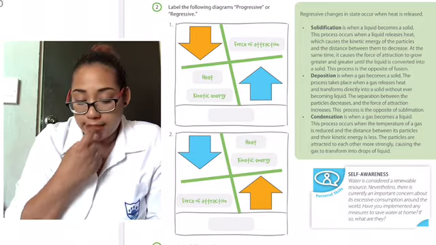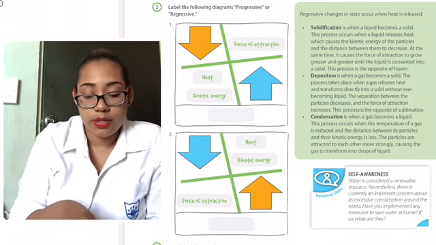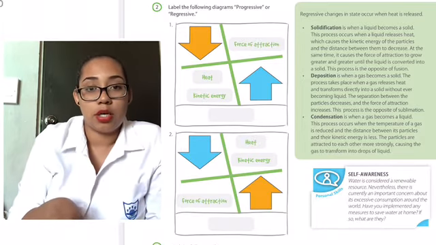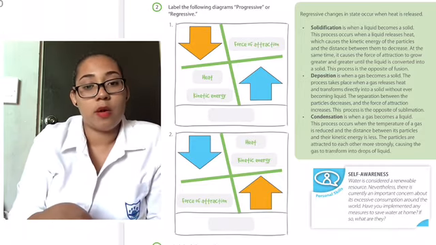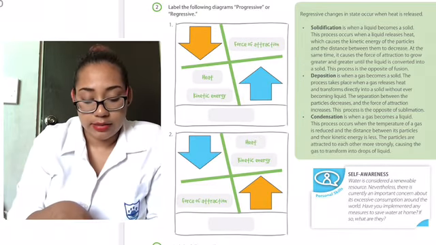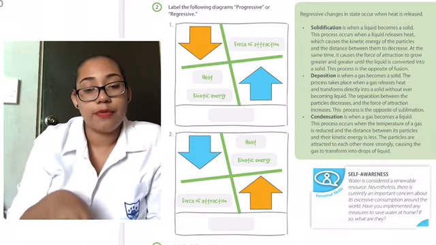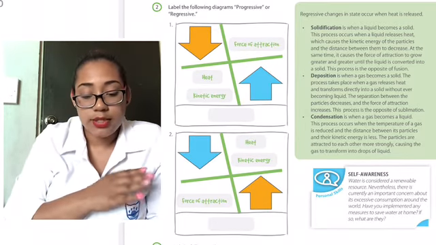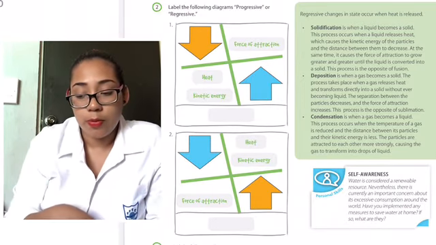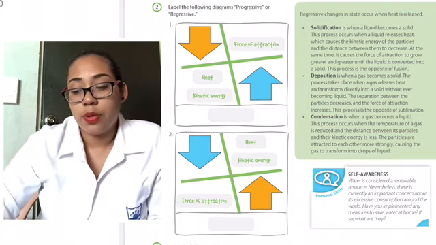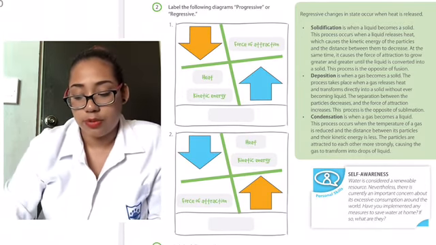Why? Because, for example, you have some arrows, one colored orange and the other colored blue. One says force of attraction and the other says heat kinetic energy. So according to what we just read, you have to decide which one is progressive and which one is regressive. I will help you with the first one. It says force of attraction.